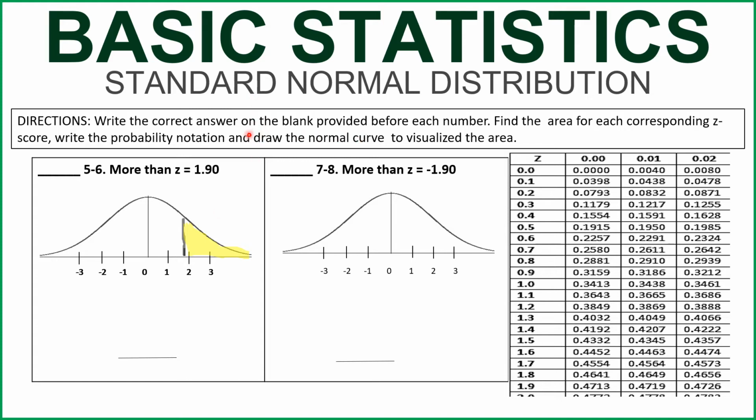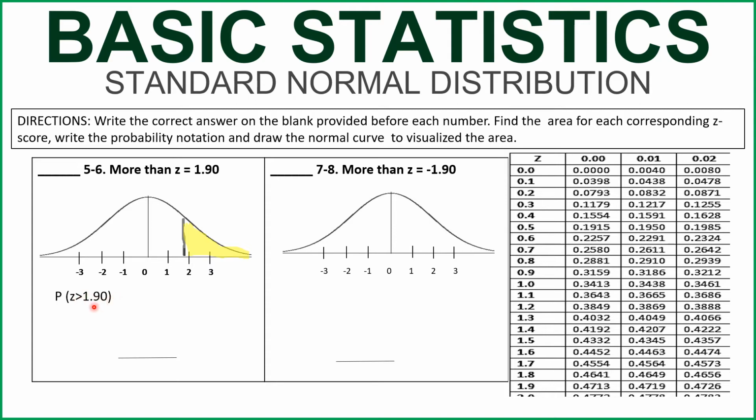Now that we have drawn the normal curve, the next thing we need to do is to write the probability notation. It says more than z equals 1.90. Therefore, our probability notation, or the symbol, is this: Z is greater than 1.90.